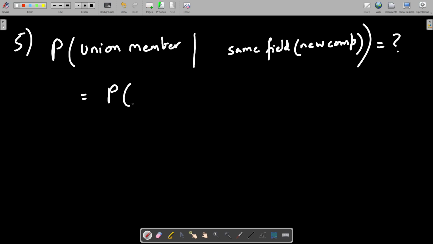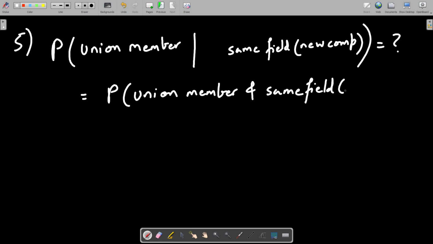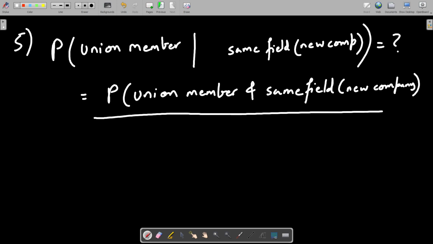So what should be the solution to this? Union member and same field, upon probability of same field.